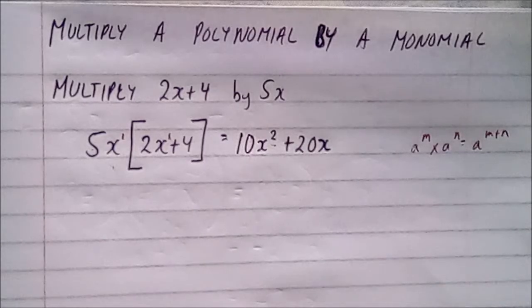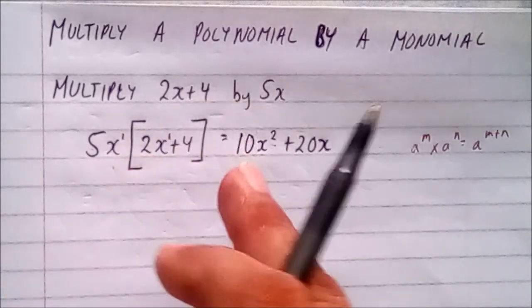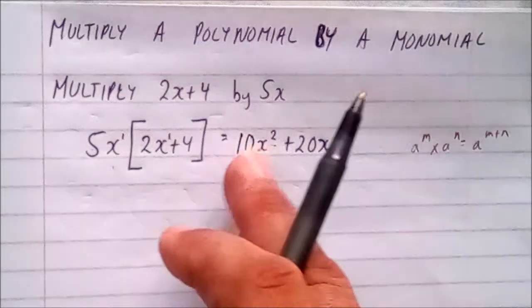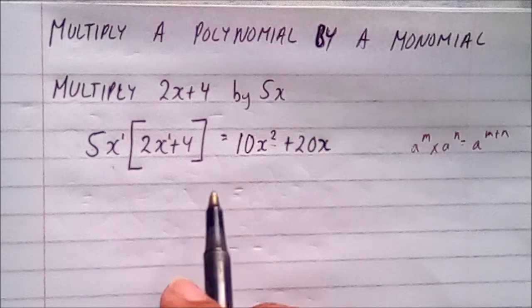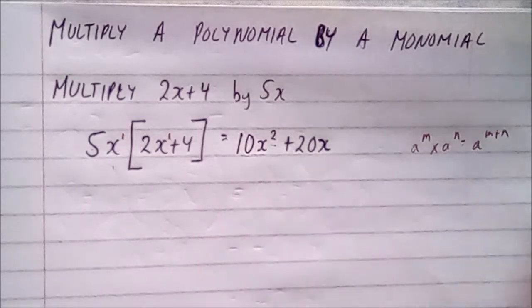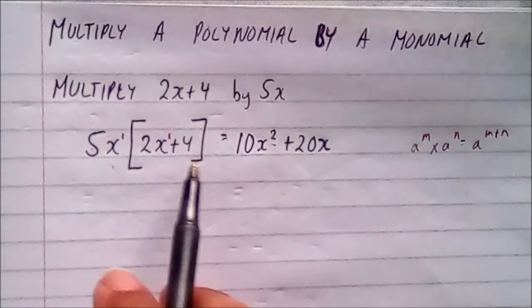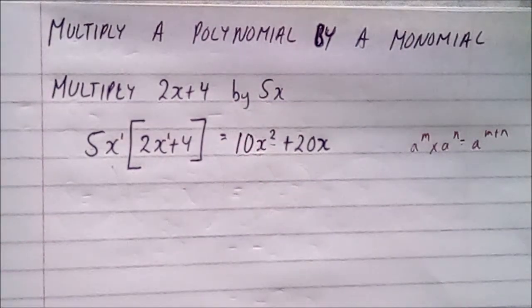Okay, so we proceed now with the next step. We don't really have a next step, so we finish right there. Sometimes you may need to go some further steps depending on how big the bracket is, or if there is more than one bracket. So distributive property by multiplying 5x, then multiply the monomials 5x and 2x to get 10x squared, and 5x times 4. So we can work in that method. All right, just in case you want to break it down, let me break it down again.